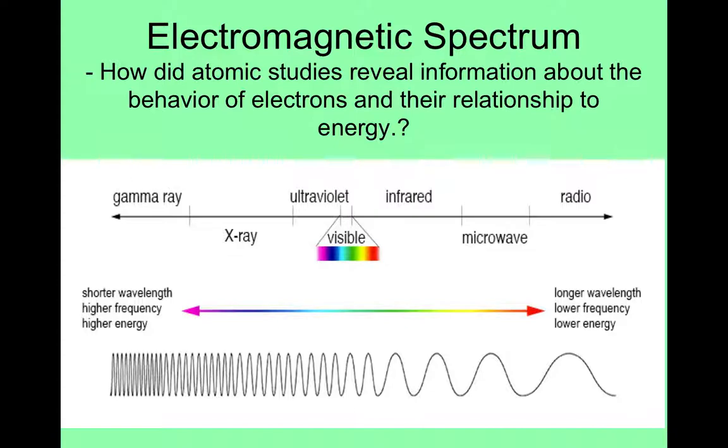Now, if we move to the next section of the scale here, we have X-rays. X-rays are more energetic and have a higher frequency than the ultraviolet rays. This allows X-rays to serve the primary function that humans use them for, which is to conduct an X-ray scan.